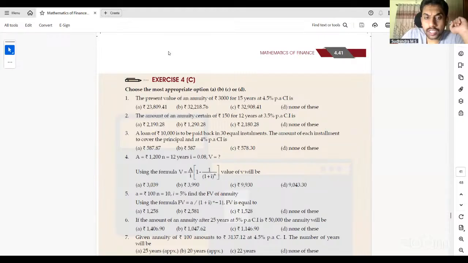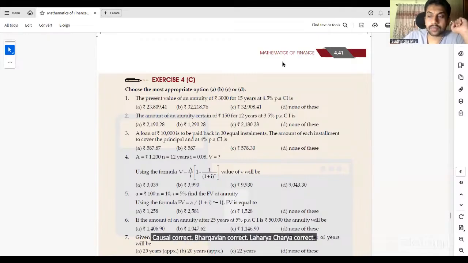No Indira, you have to recheck. Kaushal, correct. Bhargavi, correct. Lahari Acharya, correct. Srinitya, correct. Good.